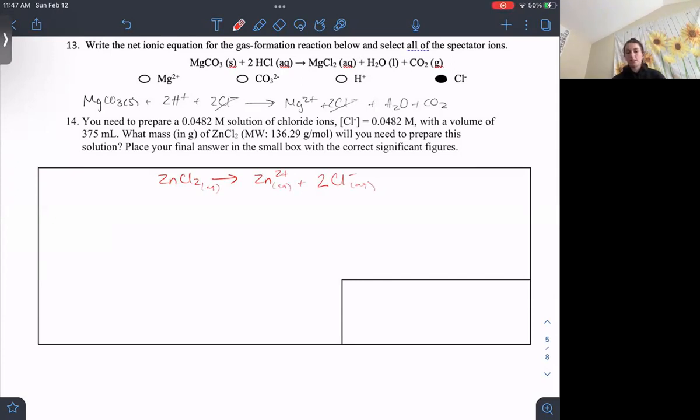Okay, I like to write out what I know from the question. So you need to prepare this molar solution of chloride ions with a volume of 375 mL. So we know that we need 0.0482 molar of this chloride ion.